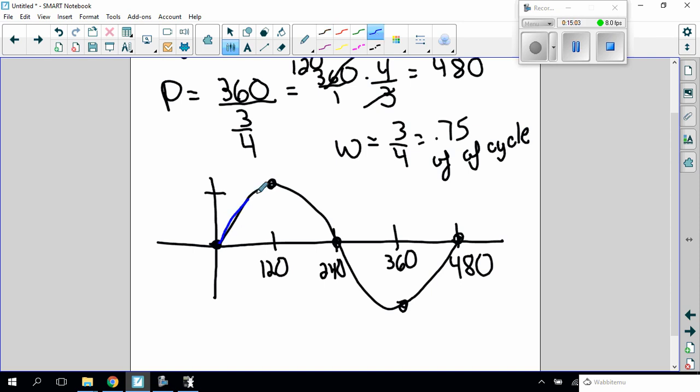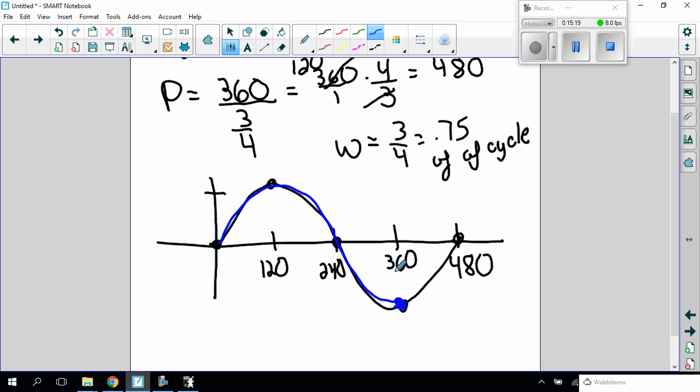So right here, hit the brakes at 360. There's 3/4 of a cycle in 360. Exactly what it says. Could I have worked in radians? Yep, no problem. Radians would have been just as easy.